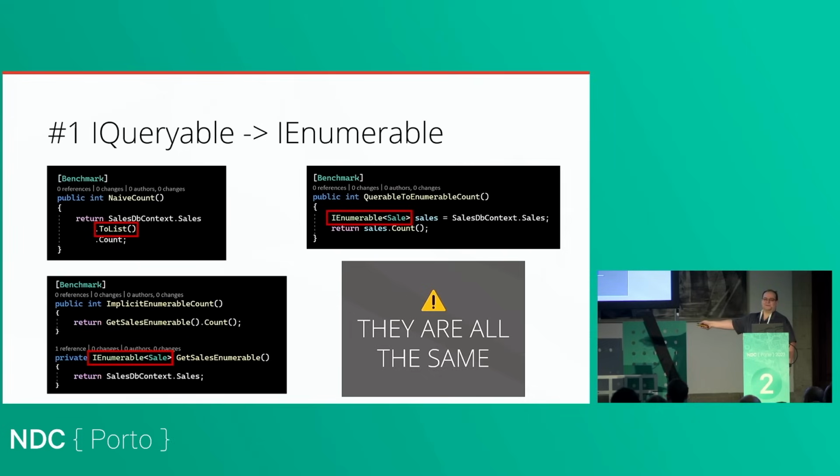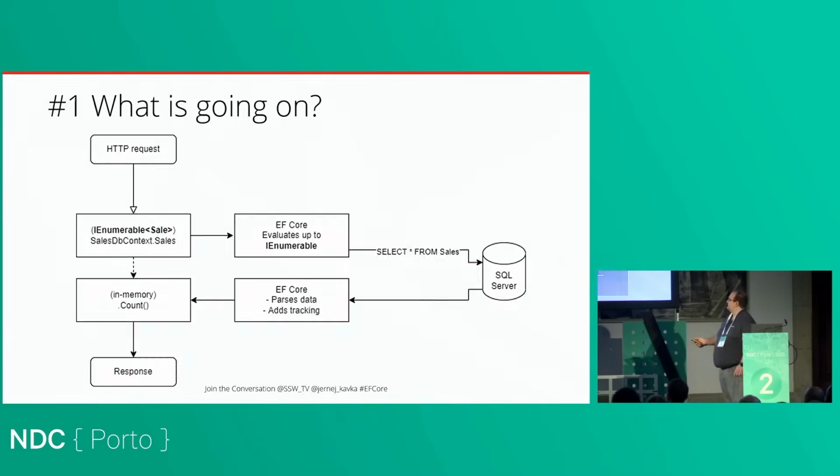This will get all of your data from the table. And the reason why this happens is when we do an HTTP request, and at the moment we are casting it to IEnumerable, what happens on the EF Core end is it says, we're casting to IEnumerable, I'll evaluate everything up to that point, which in this case means a select star from sales.